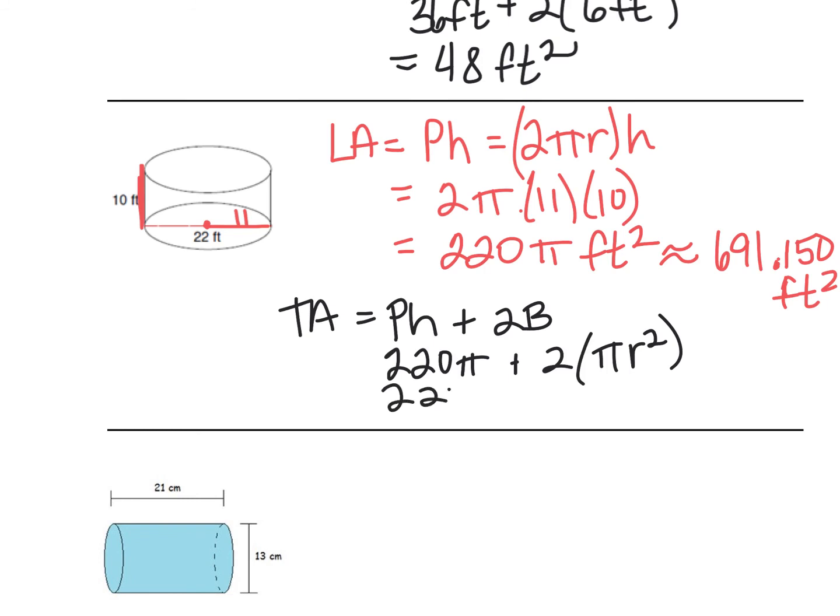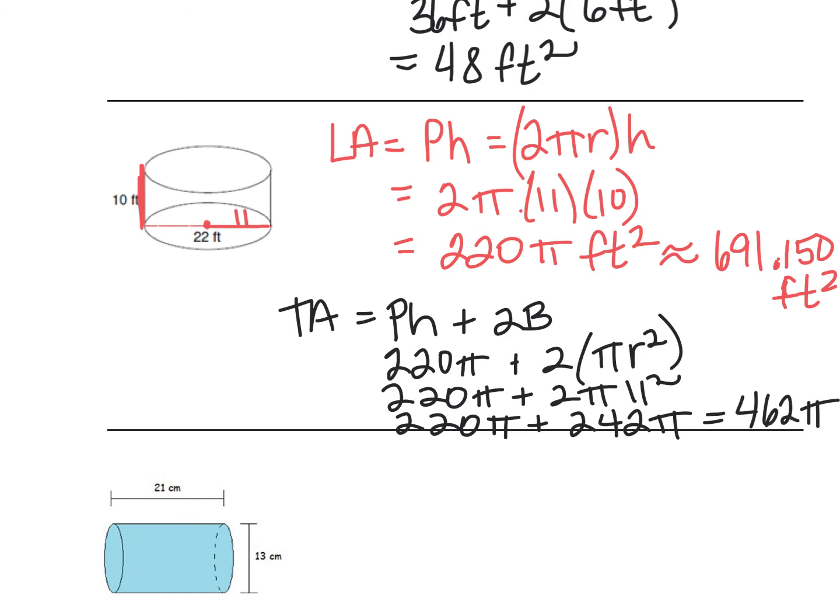So 220 pi plus 2 pi 11 squared. We have 220 pi plus 121 times 2 is 242 pi, which equals 462 pi feet squared. And that is approximately 1,451.416 square feet.